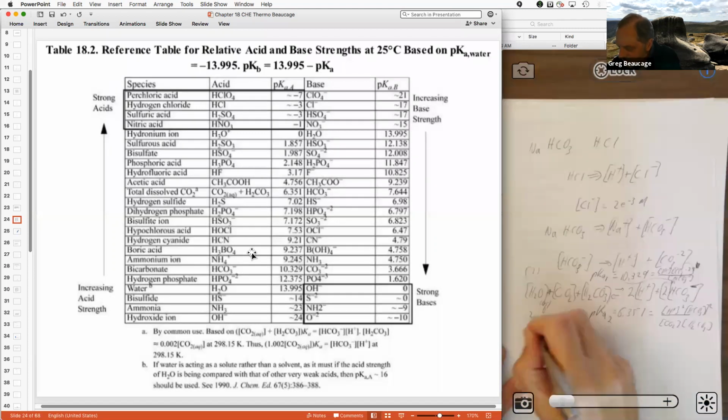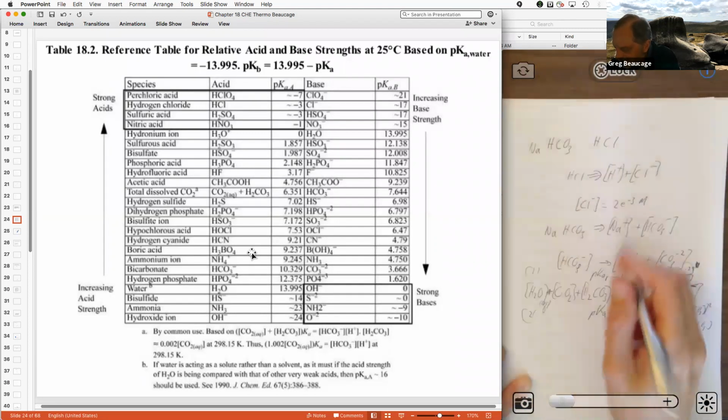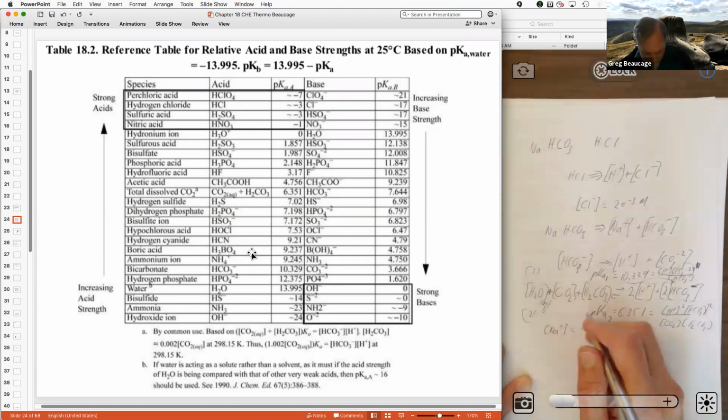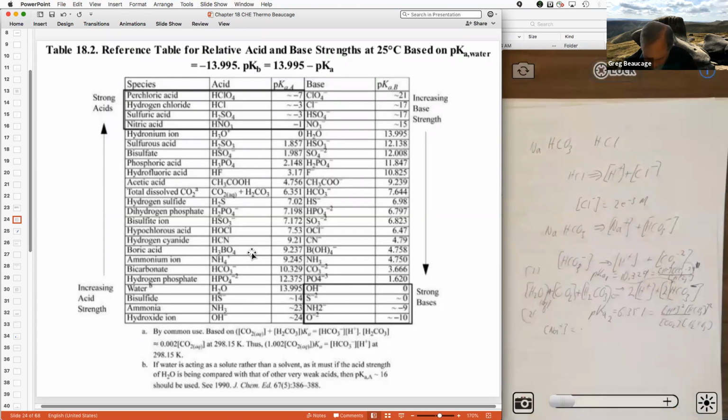Then the unknowns that you have are a lot. You're going to have your Na plus, which equals the amount of Na that they put in, 1e to the minus 3.